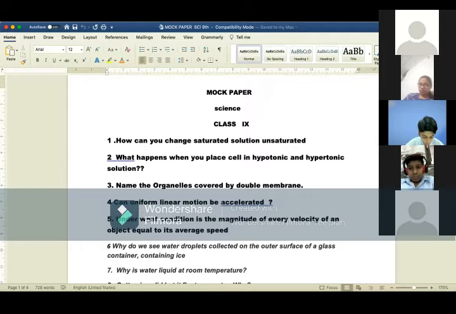Ma'am, when the cell is placed in hypotonic solution, it will swell up, whereas if the cell is placed in hypertonic solution, the cell will shrink. Explain, give reasons also.